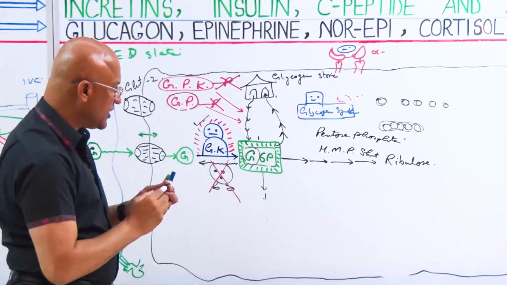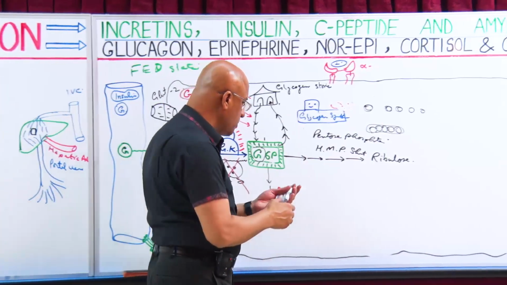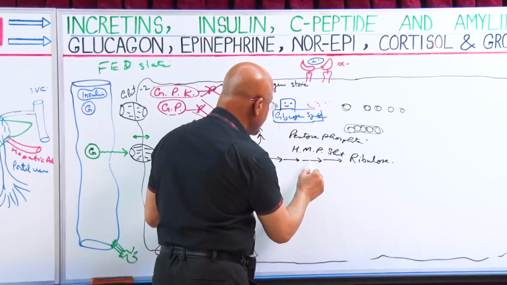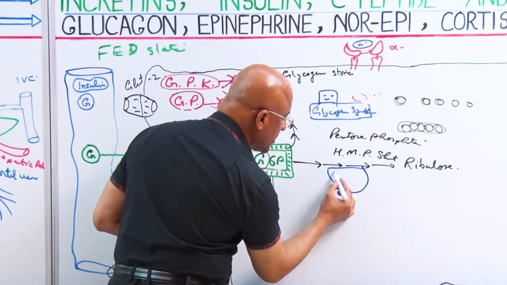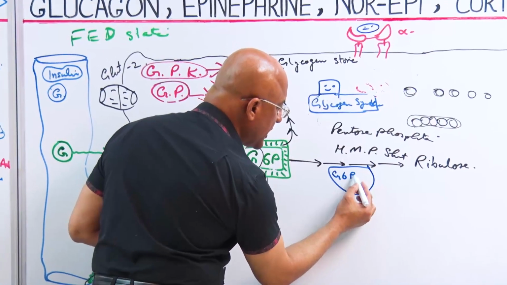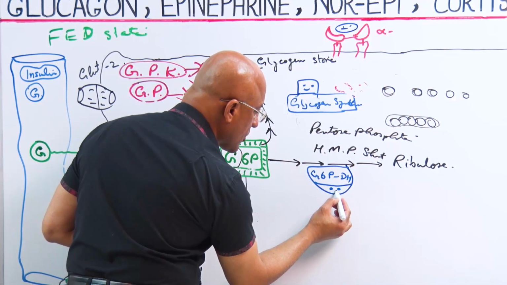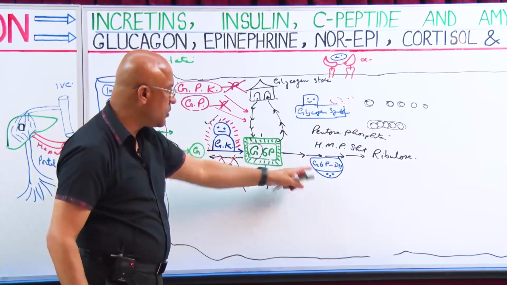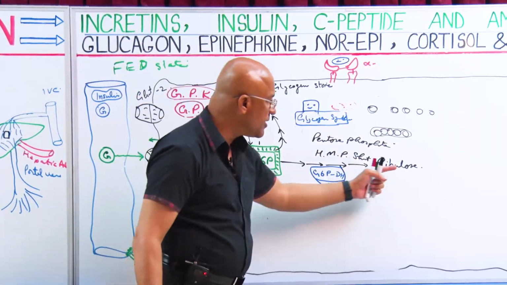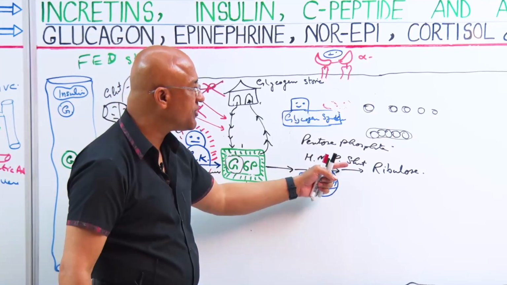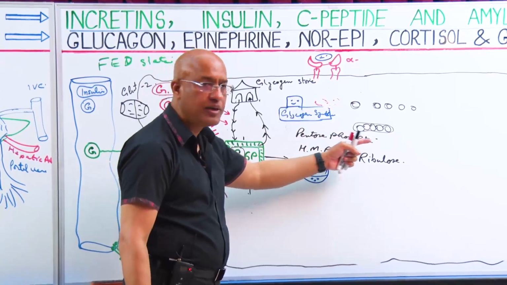I will not go into detail, but some of the glucose 6-phosphate will be influenced by another enzyme, glucose 6-phosphate dehydrogenase. This enzyme activates the pathway called the hexose monophosphate shunt in my times. In your modern times, we call it the pentose phosphate pathway.